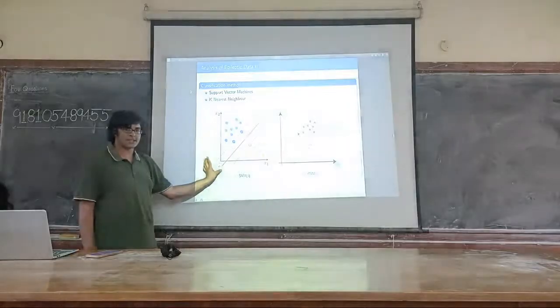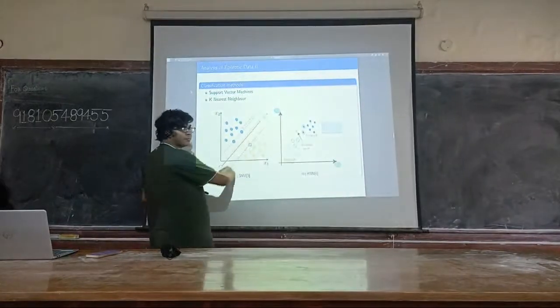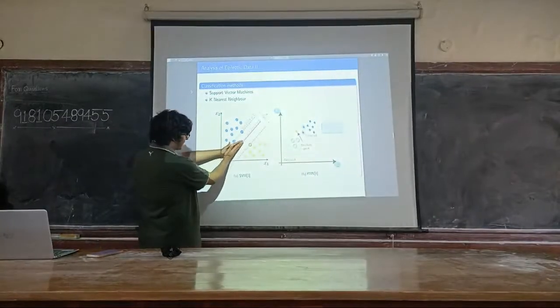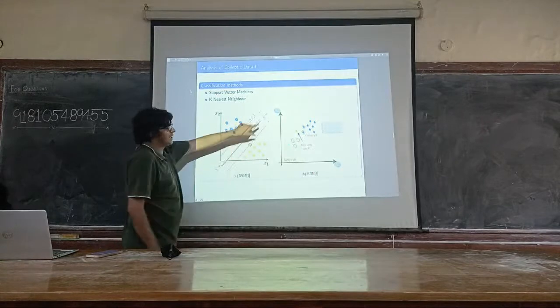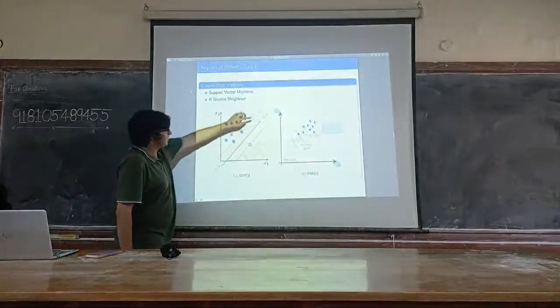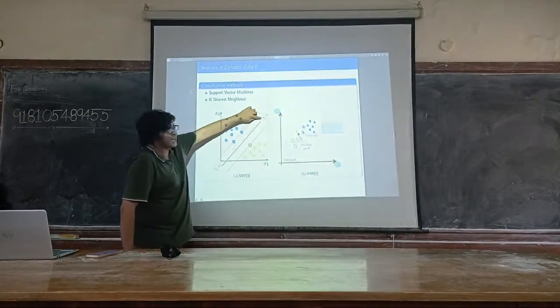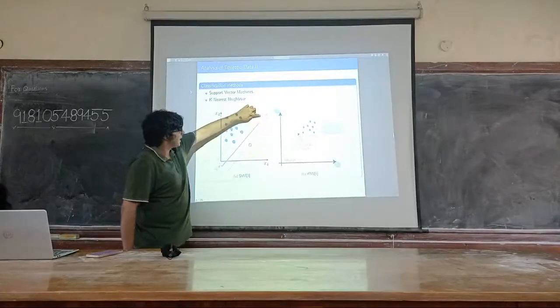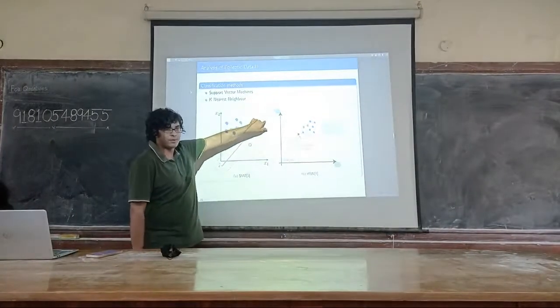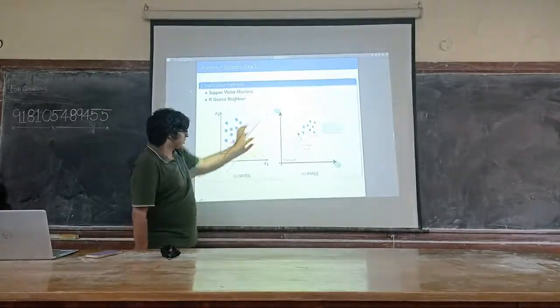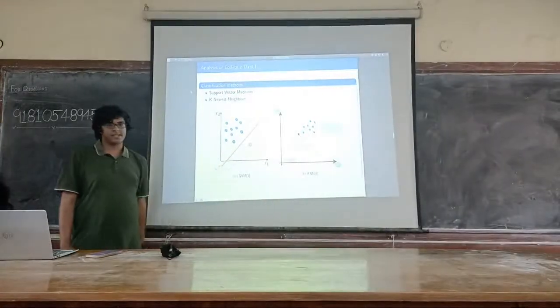We're looking for two planes and a hyperplane that best separates them. We want to maximize the distance of the nearest points from that hyperplane. We find that this distance is actually 2 divided by the norm of the parameter omega, and this converts it to a minimization problem where we minimize omega. By minimizing omega, we maximize this distance and find the best hyperplane.